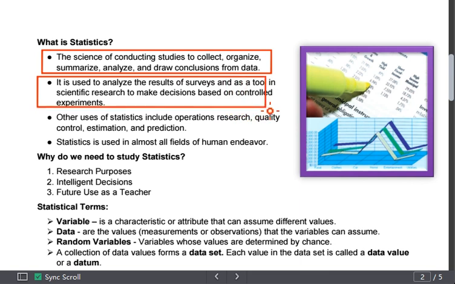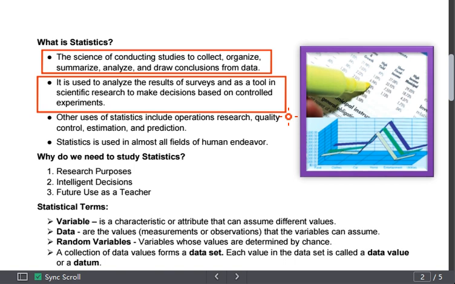Next, it is used to analyze the results of surveys, and as a tool in scientific research to make decisions based on controlled experiment. So, the Cavite State University ay inline sa paggawa ng research, and all of the programs in our university ay gumagawa ng research.